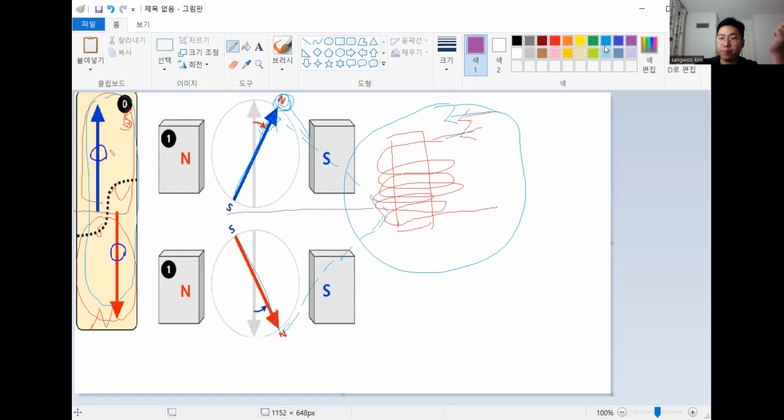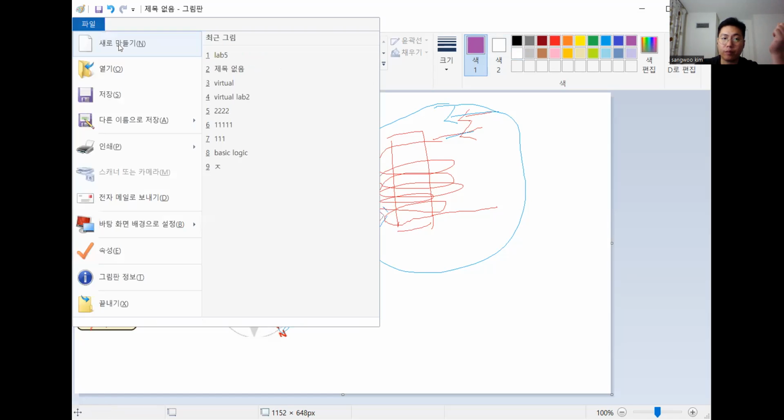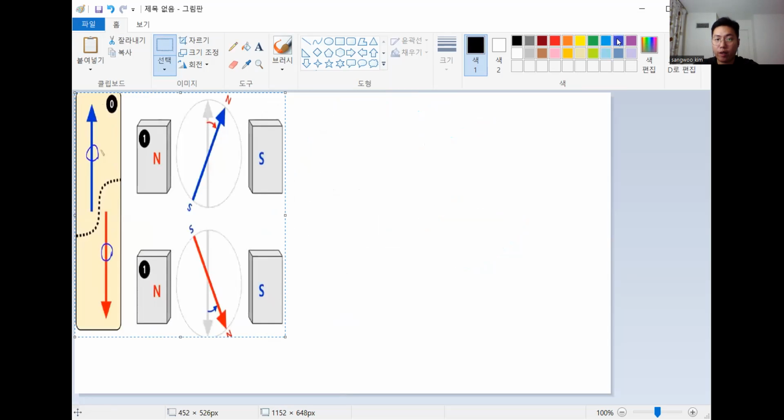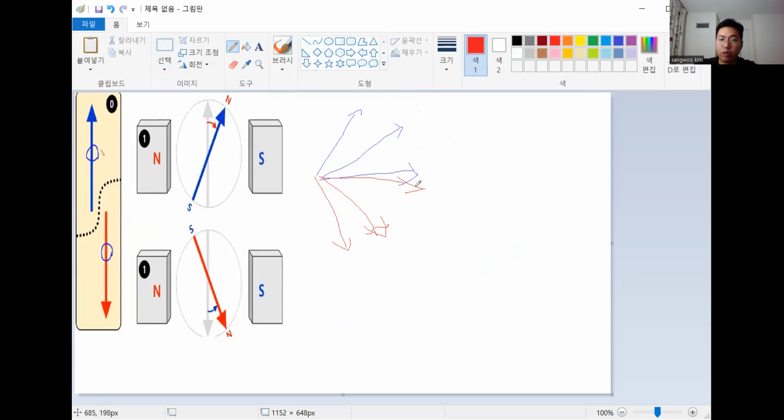For example, look at that. The first stop is here, the second here, and the third is here. Also same, it depends on the outside magnitude.